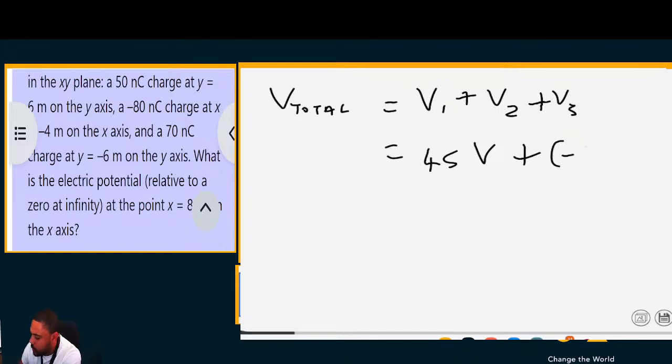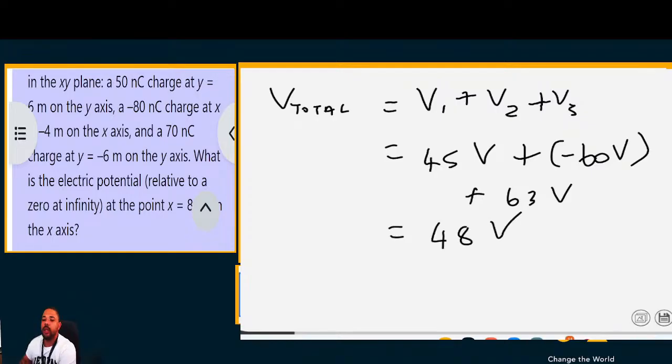It's negative 60, yes, negative 60 volts. And then you add the last one, we just calculated it to be 63 volts. So it's 45 minus 60, that is negative 15, plus 63, that's 48 volts. So the electric potential at that point is 48 volts. I hope that you've been able to keep up with my train of thought.